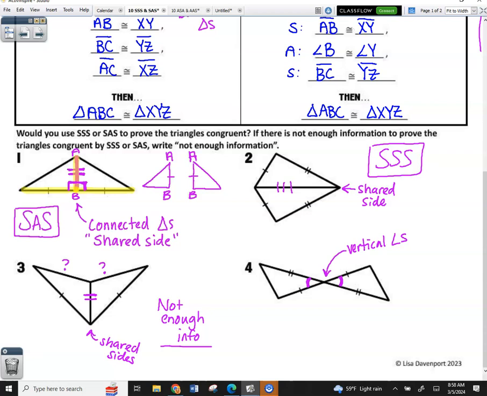All right, now that we have our angles marked as vertical and they're congruent to each other, we do now have a pair of congruent angles, which means what shortcut are we leaning towards? Side, angle, side. So we're going to look at the picture and verify, does it mean side, angle, side? The way you do this, two ways to do it.